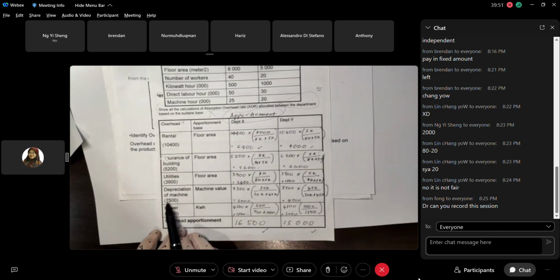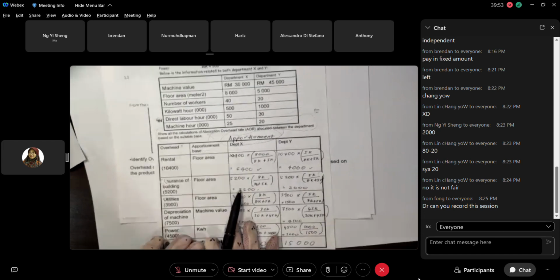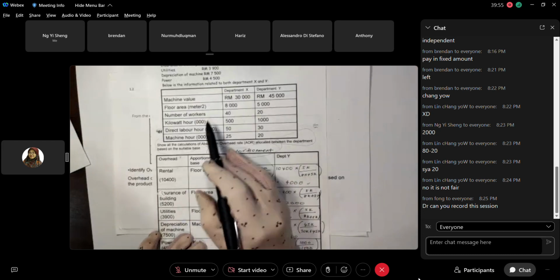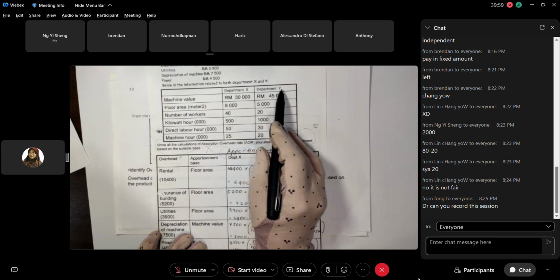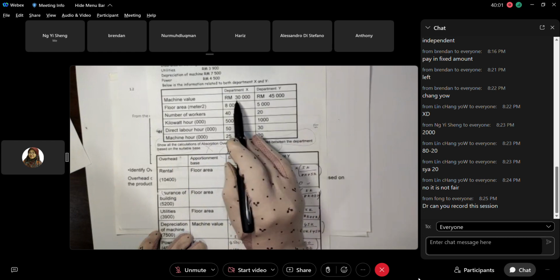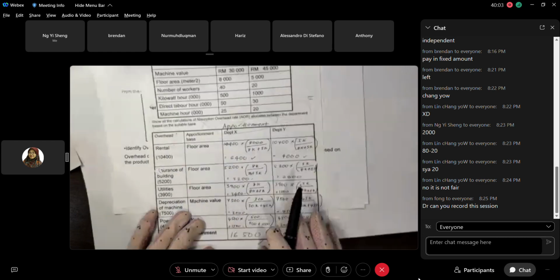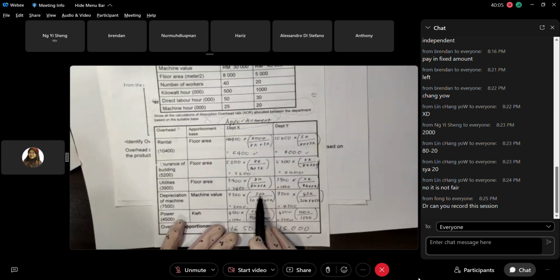For the depreciation of machine, you use machine value. The overhead is 7,500. The machine value for department X is 30,000 and for department Y is 45,000, so the total is 75,000. So 30,000 divided by 75,000 times the overhead, you get 3,000, and this one 4,500.